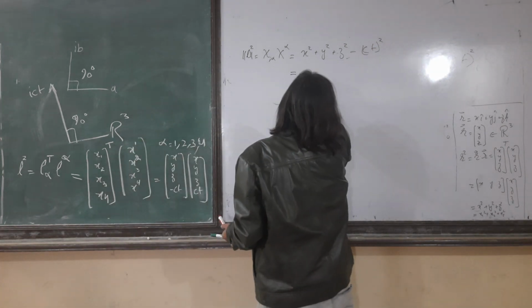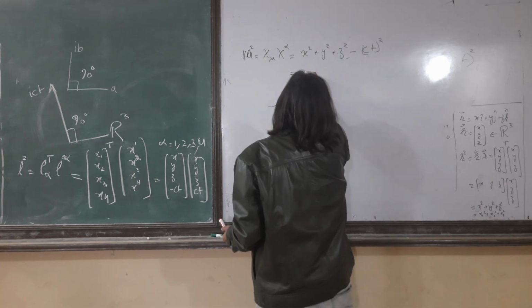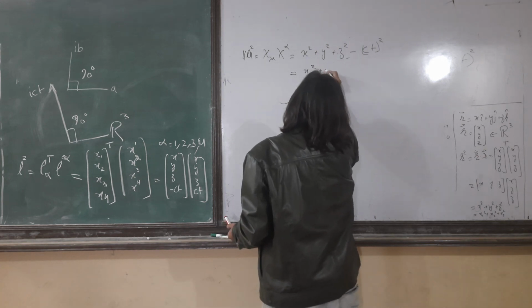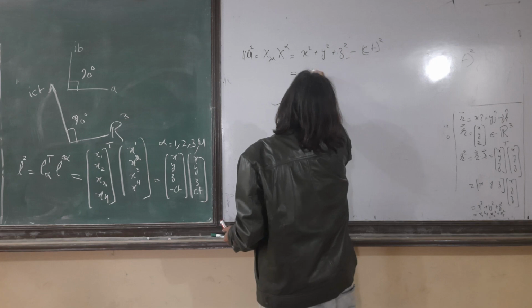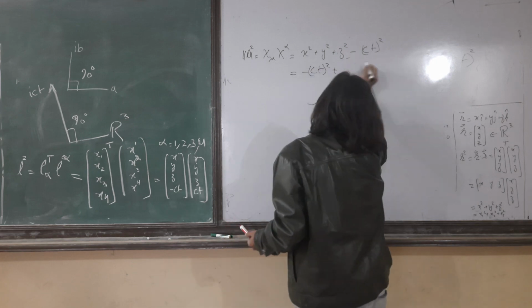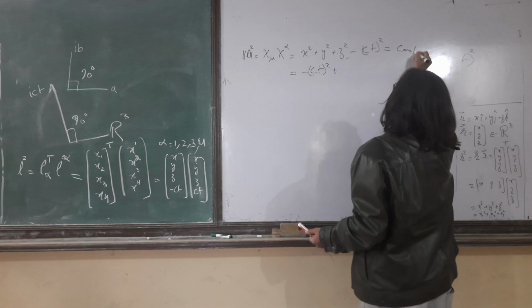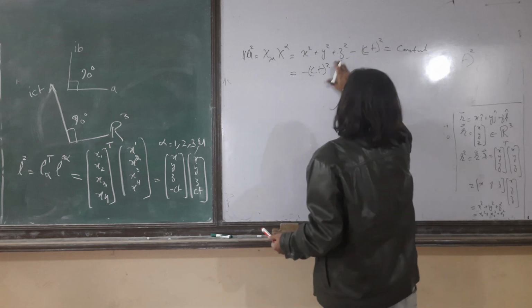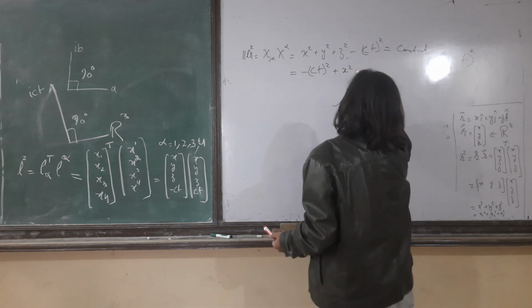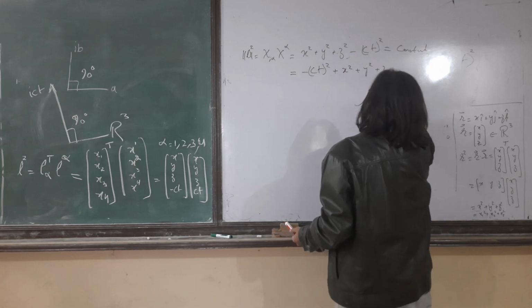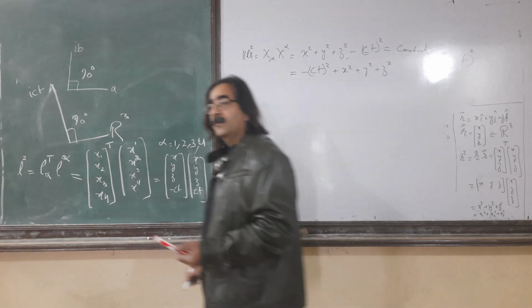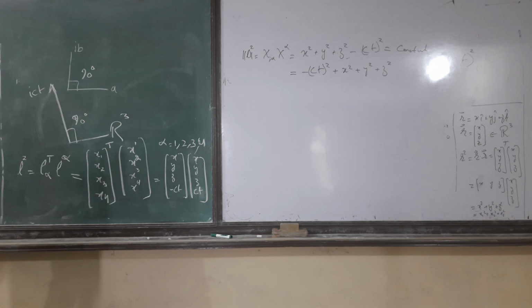And if I write this as x1 square plus, and if this is constant, I may write it in this way: x square plus y square plus z square. Yes, I may write it in this way.